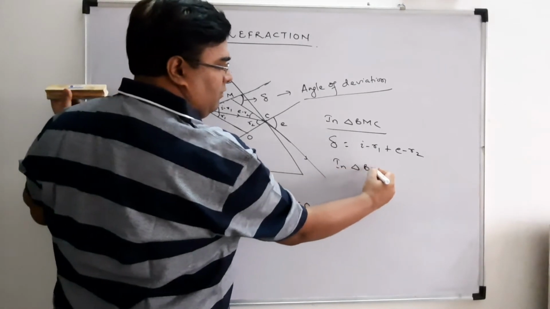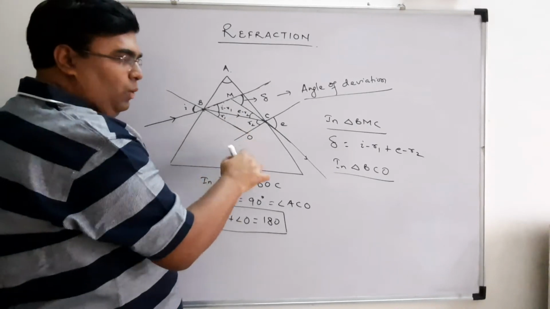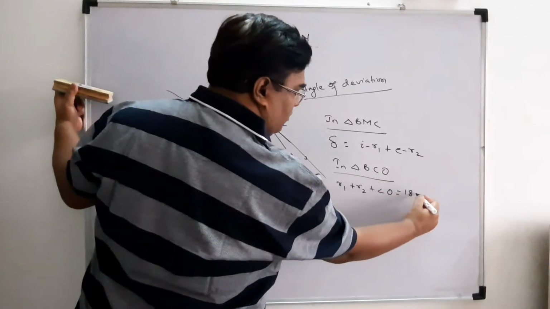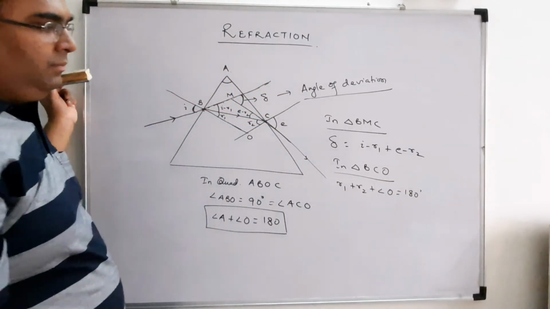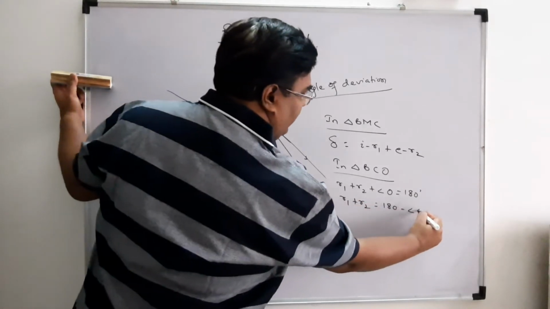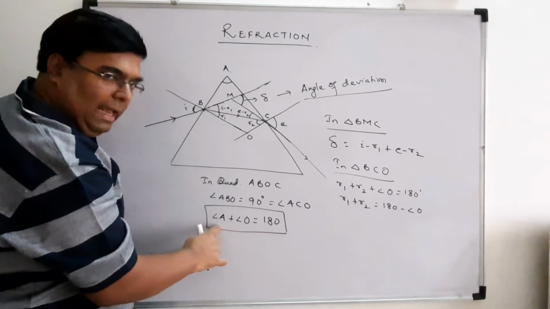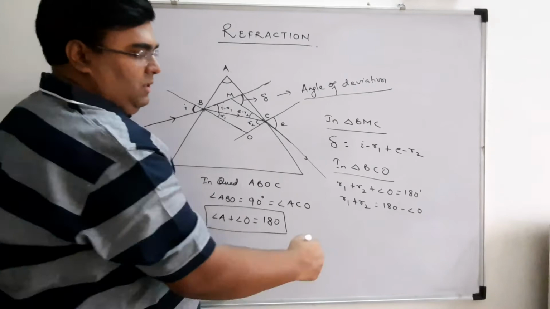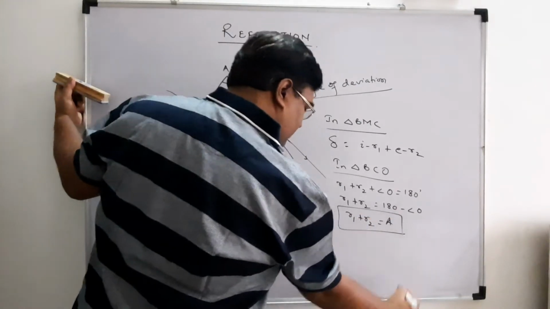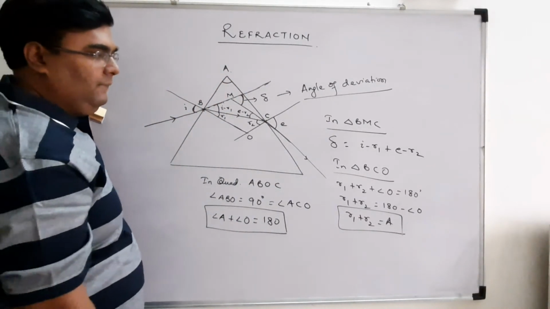Correct? Now look at triangle BCO. In triangle BCO, we can write R1 plus R2 plus angle O is equal to 180 degrees. So R1 plus R2 is 180 minus angle O. But we know that 180 minus angle O is angle A. So we have got one relationship, R1 plus R2 equals A. Got it?